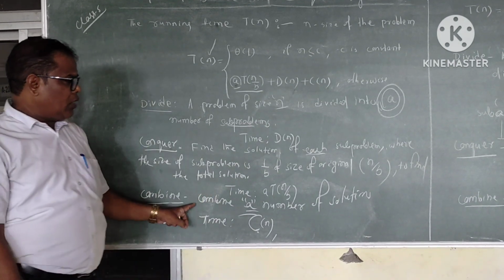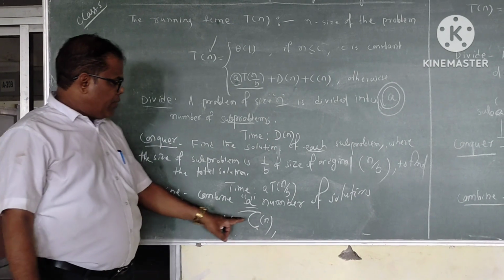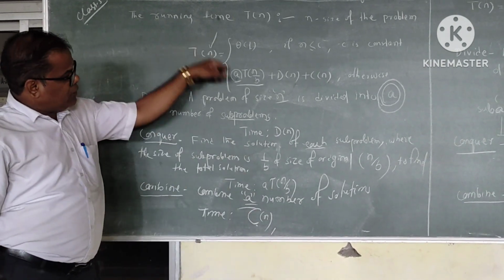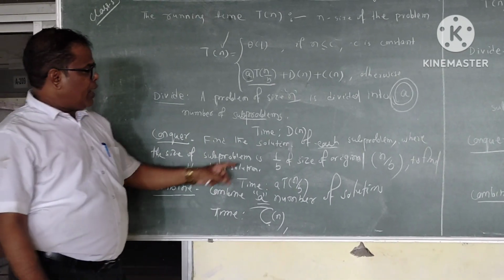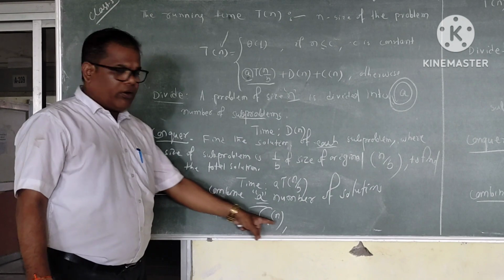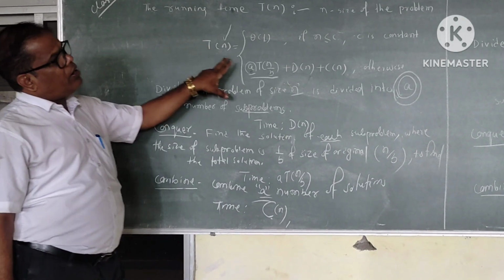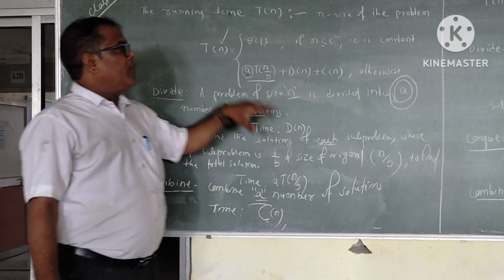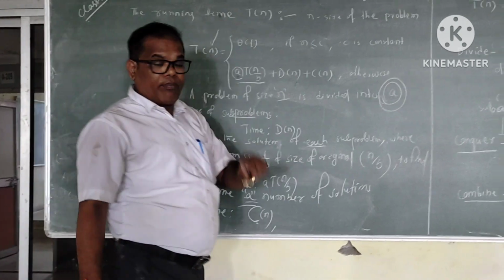The time required for merging the solutions to find the solution of the problem we specify as C of n. Here everything is specified in abstract notation, that is, D of n and C of n. That is our motivation before understanding the analysis of merge sort. This holds for any algorithm that follows the divide and conquer approach.